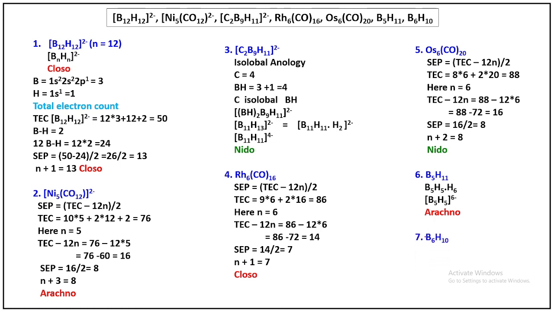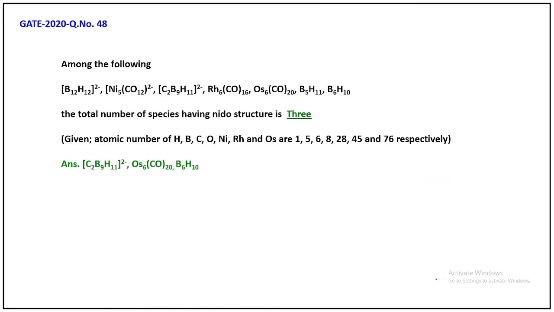The last one is B6H10, which can also be solved as the previous one, where this can be written as B6H6H4, and from here we just remove 4H plus, giving 4 negative charge to the cluster, and thus it falls under the nido structure.